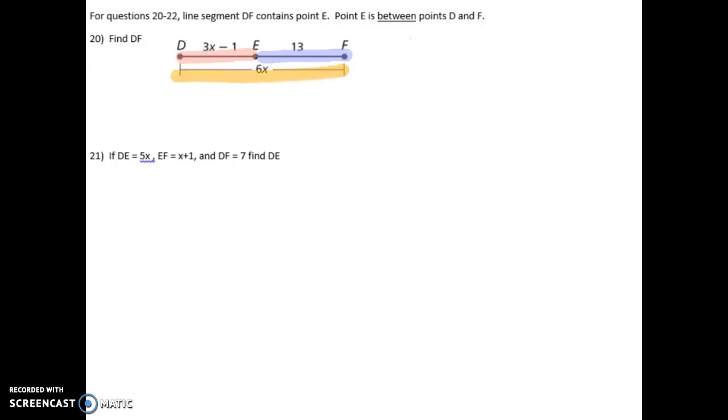So I know that DE plus EF is equal to all of DF. Always write your relationship. It is going to help a little bit more. So here, I'm going to say DE is 3x minus 1 plus EF, which is 13, equal to DF, which is 6x.